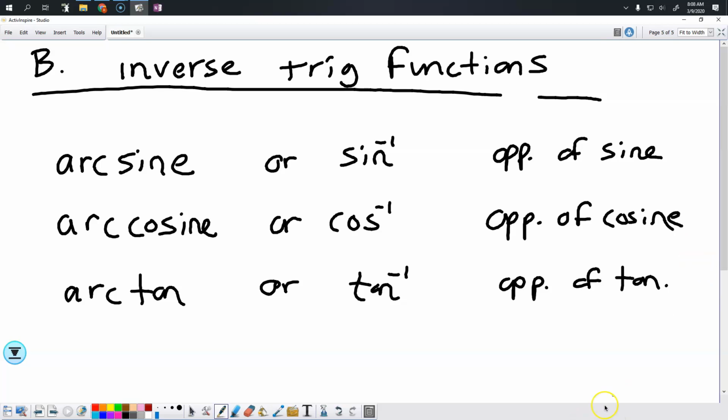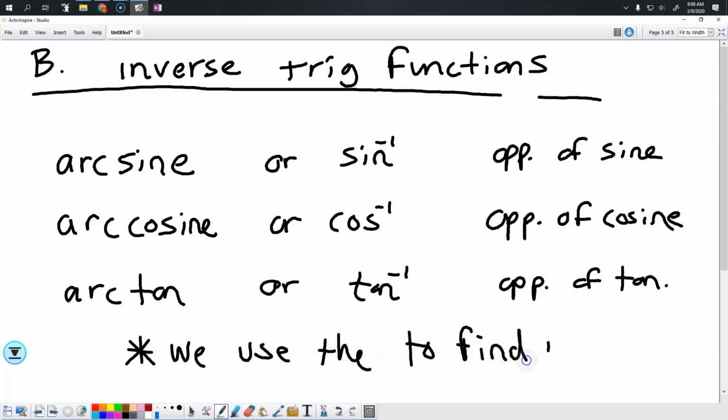But all right, so we use these to find missing angles. So in the beginning of class today, we're using sine, cosine, and tangent, and we use those to find missing sides.